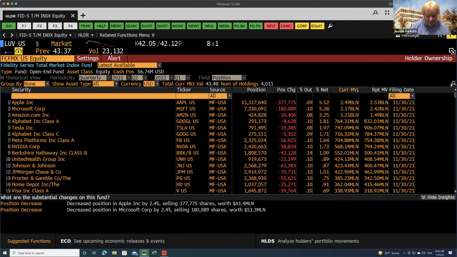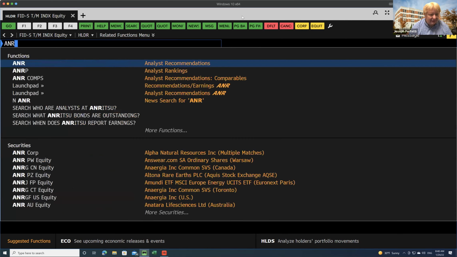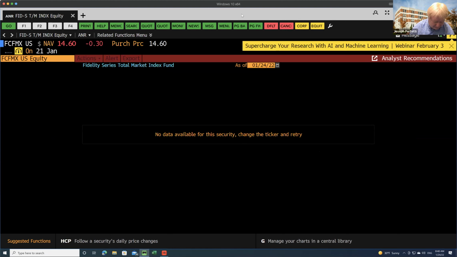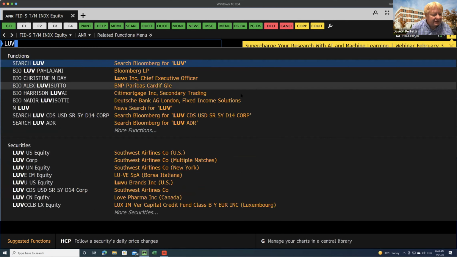So what you do is you rely on another type of analyst called the sell side, which you see in Bloomberg under ANR. Sorry, go back to Southwest Airlines first.